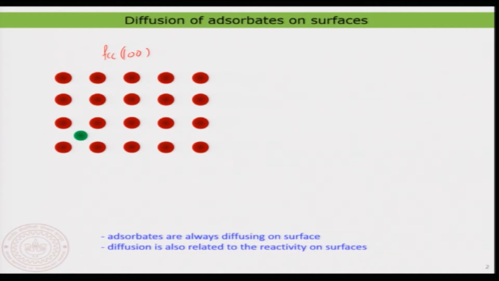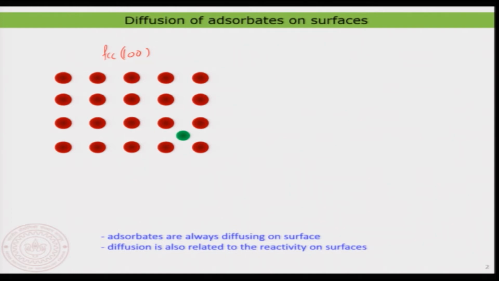But now, if I look at the surface over a longer range of time, what you are going to see is something like this: the atom on the surface is diffusing over the surface, and this is another snapshot after a given time. The point I want to make is that so far we have not considered this effect, which shows the surface is dynamic in nature.